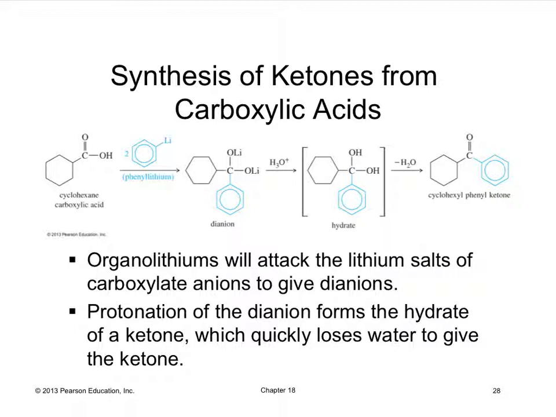And then in the presence of protonated water, it'll protonate these, generating the hydrate, and then water will eliminate, so your electrons from your oxygen will come down, right? This will kick out, and then the OH minus will pluck off the hydrogen to generate the ketone.